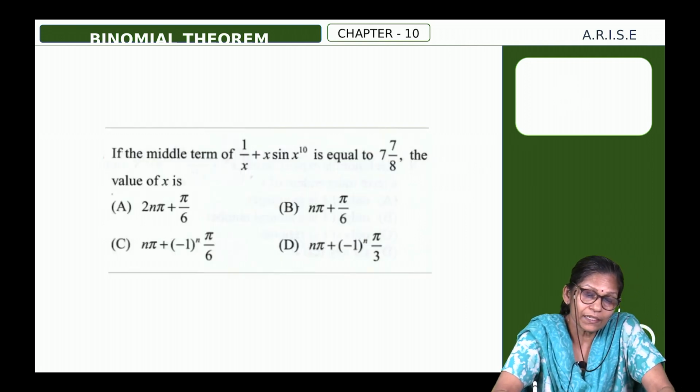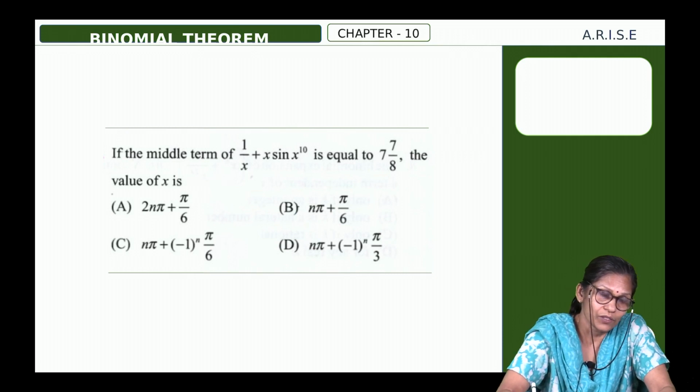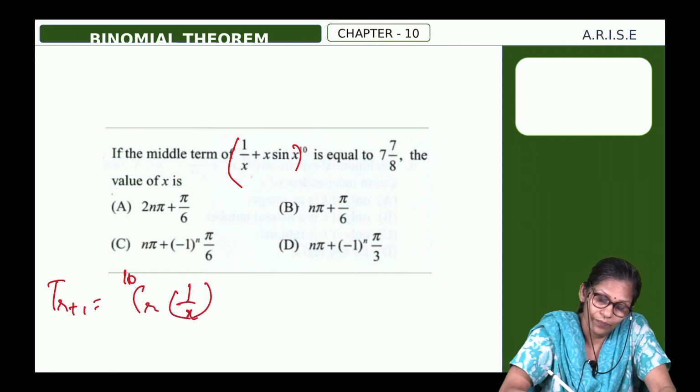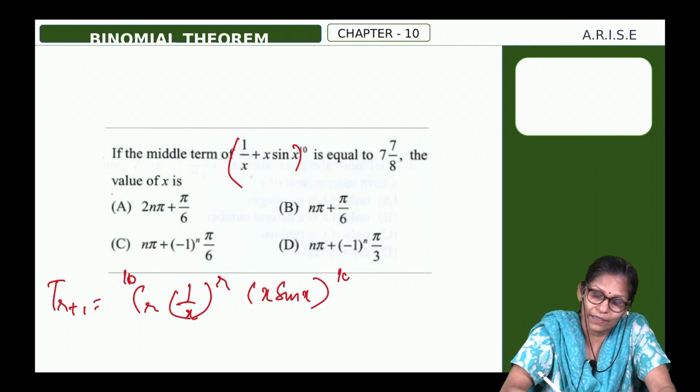Now, the middle term in 1 by x plus x sin x the whole raised to 10. It is the whole raised to 10. Write down the general term. It is 10 Cr 1 by x raised to r and x sin x the whole raised to 10 minus r.